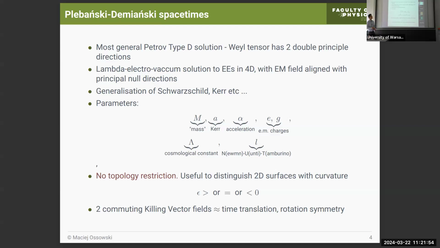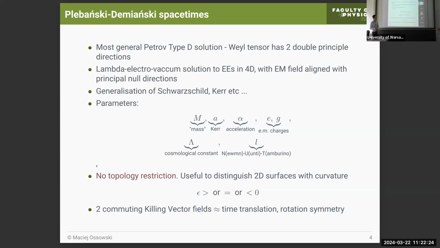Those would be the electromagnetic charges and the cosmological constant, because those parameters simply appear in the Einstein-Maxwell equations. Two of them, which I will be referring to as the mass parameter and the Kerr parameter, are usually said to have something to do with the conserved charges of the 2 commuting Killing vector fields that appear in Plebański-Demiański spacetimes.